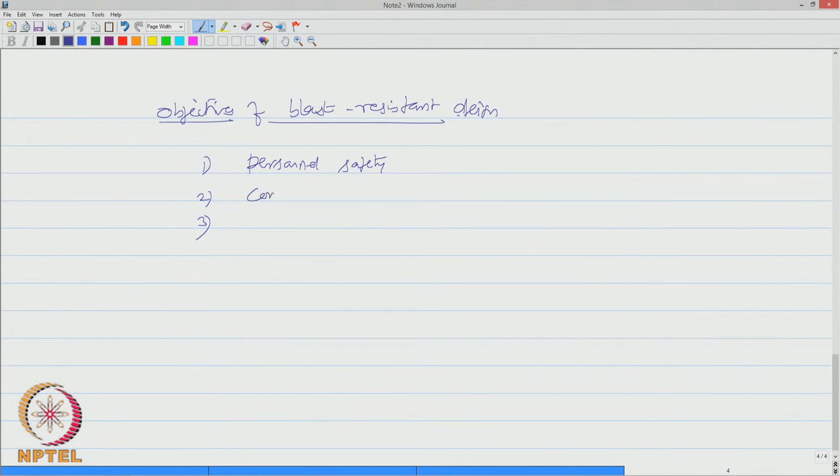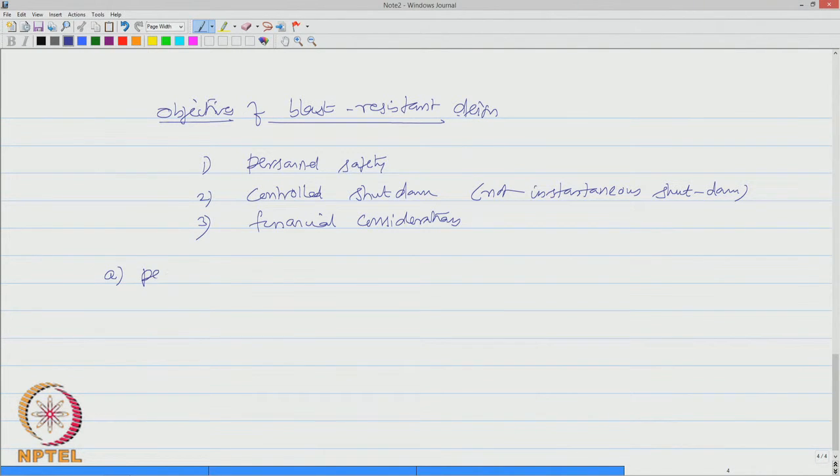Second, it should enable a controlled shutdown, not instantaneous. And it should also consider and deal with financial considerations that arise as serious consequences or aftermath of any such accidents. Let us talk about the objective expanded further on personal safety.